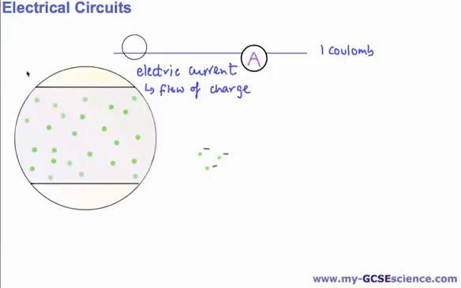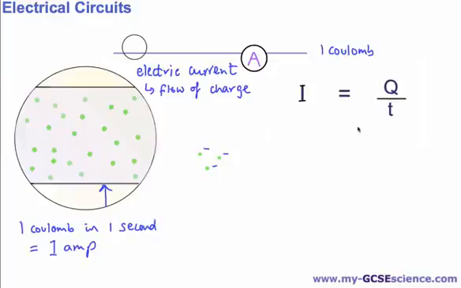Now if we have 1 coulomb passing a particular point, let's just say that point there, in 1 second, we say that is 1 amp. So that amp is the measure of the current. Basically current is the flow of coulombs per second, and we could look at a formula that can help us to work that out.